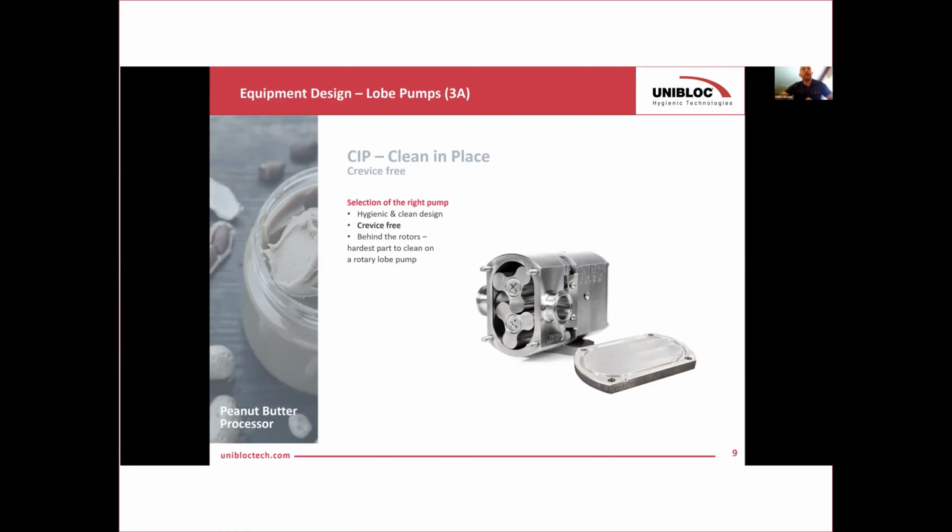And we have an example here from a peanut butter processor plant that they were experiencing a lot of issues with the application. They had a pump with crevices, especially this case was in the rotor bolt location, that the peanut butter was not being cleaned out, or it was not being recirculated.